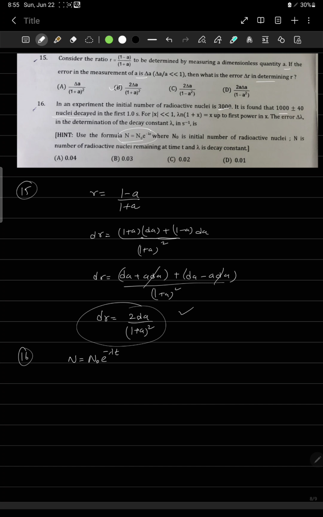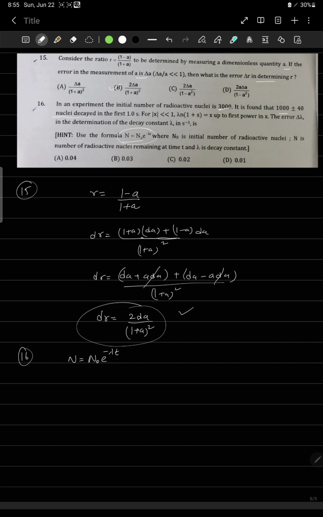Every nucleus decays just to get stability, so it keeps on decaying until it can be stable. That's the radioactivity law, roughly.